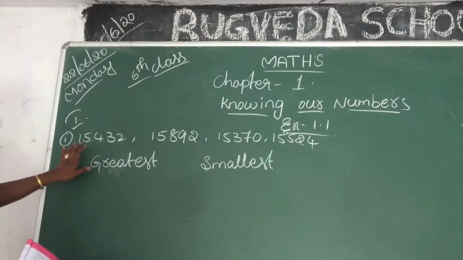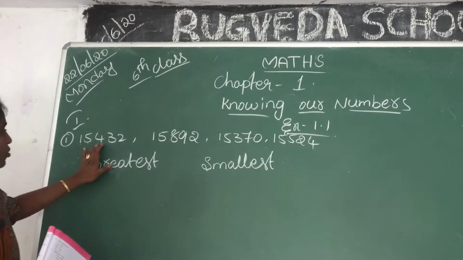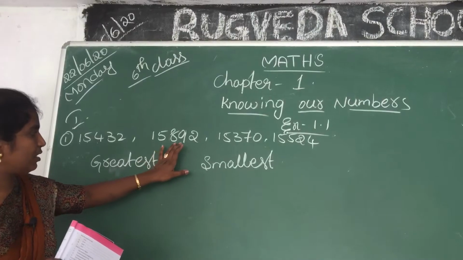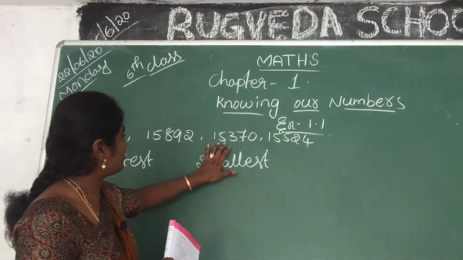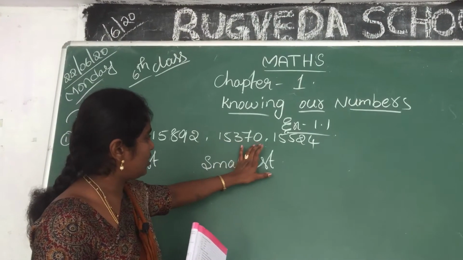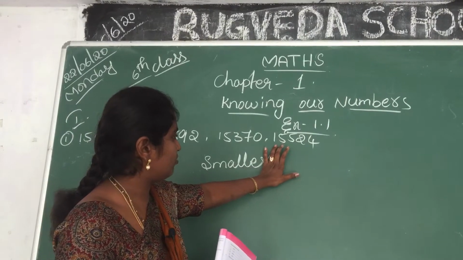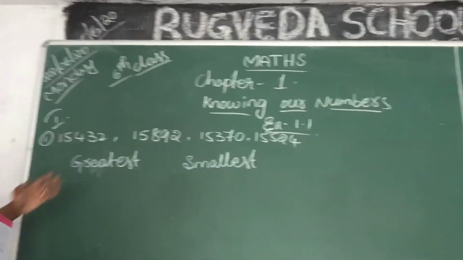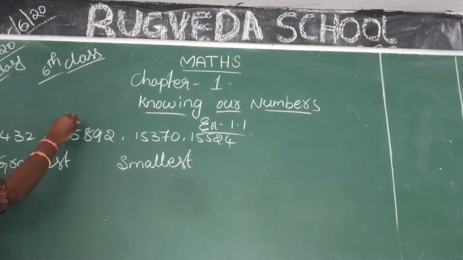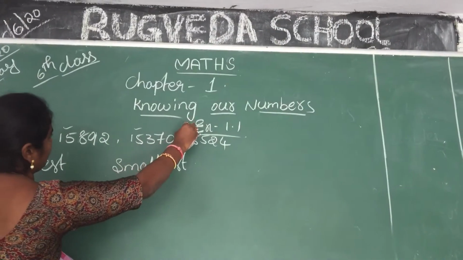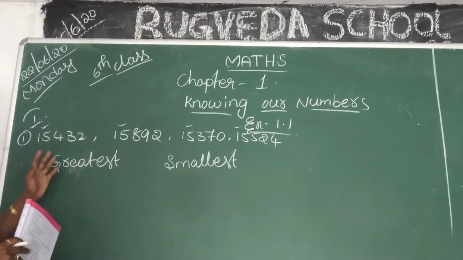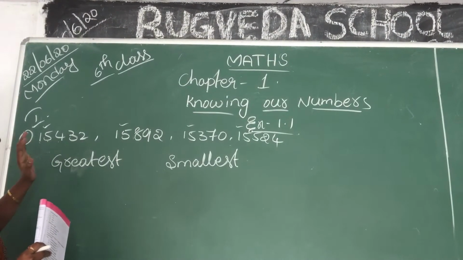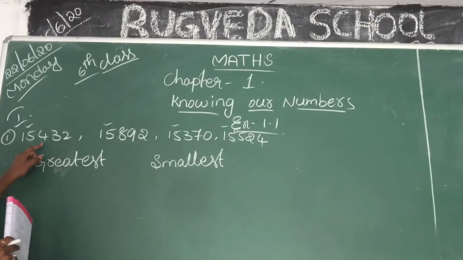Here see, first number is 15,432, second number is 15,892, third number 15,370, last number 15,524. 10,000s place overall same, 15,000, 15,000, 15,000, 15,000. So all numbers are same in 10,000s place. Now we have to check hundreds place.